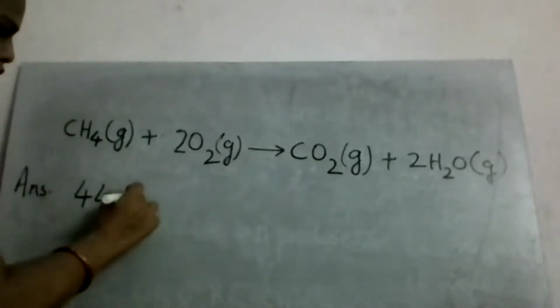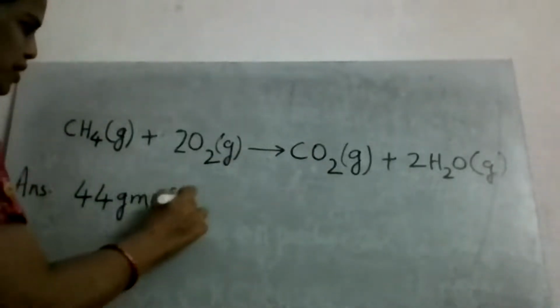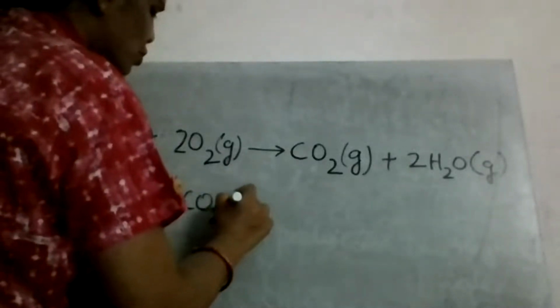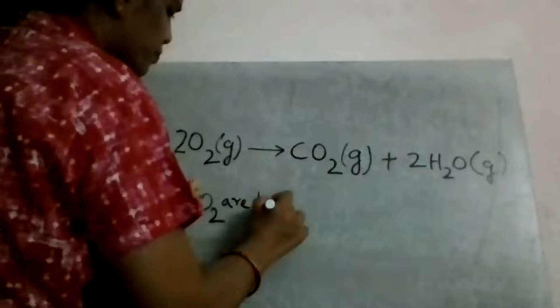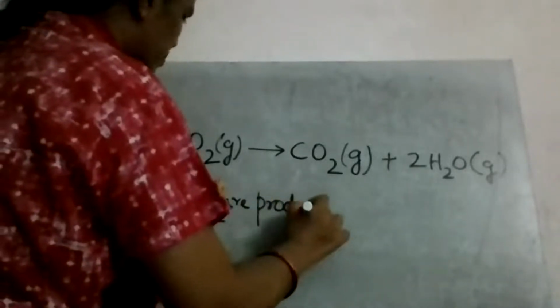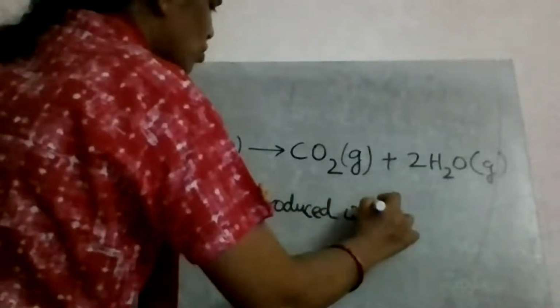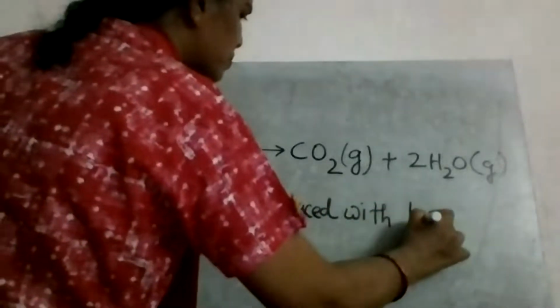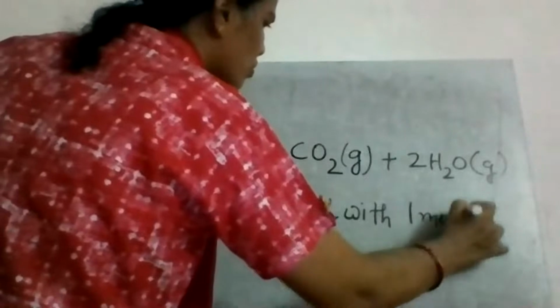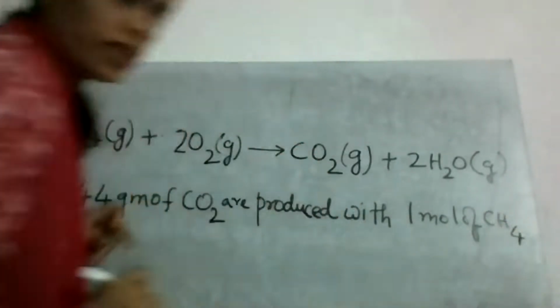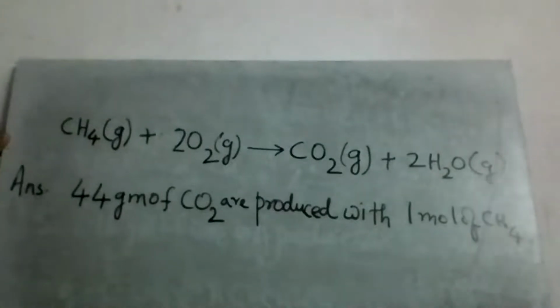So 44 grams of carbon dioxide are produced with 1 mole of methane, CH4.